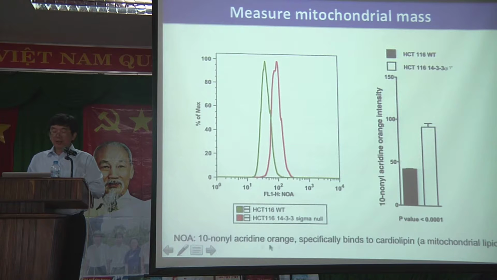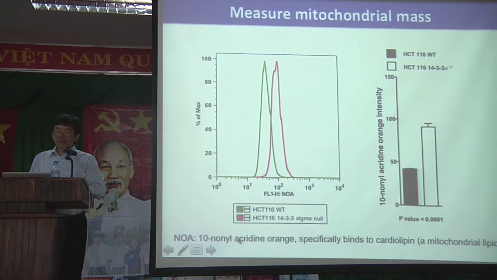And there's another way to measure mitochondrial mass, meaning that you need to measure the number of mitochondria and the biological mass of the mitochondria rather than the membrane potential. In that case, we basically just use a different dye. This dye does not form monomers and is not based on the membrane potential of mitochondria. It basically just stains or binds to the cardiolipin, which is the lipid content of the mitochondria.